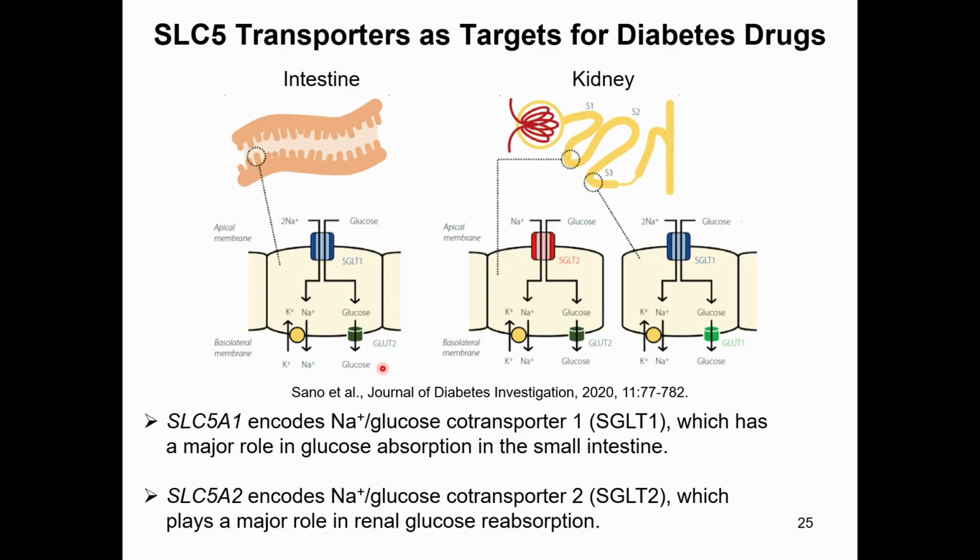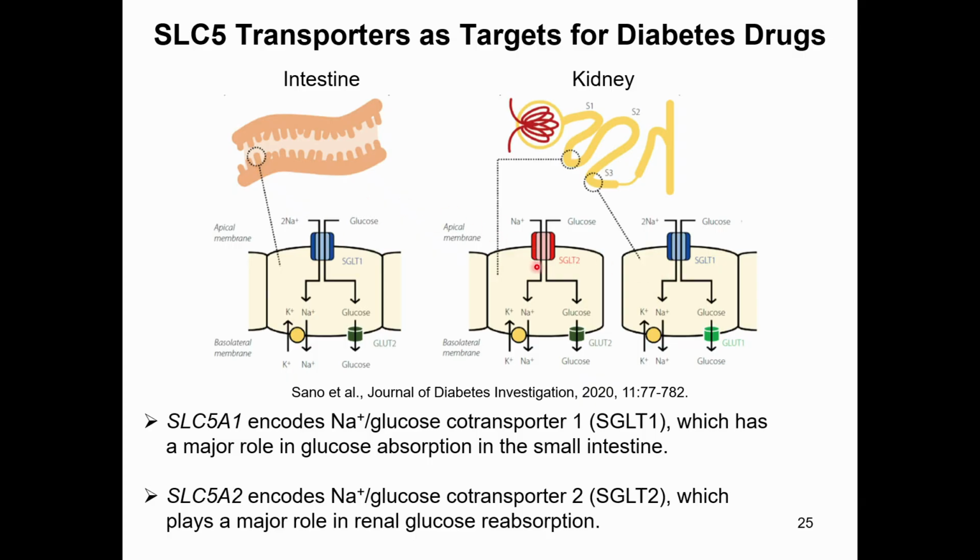SLC5A1 is a sodium and glucose co-transporter, so sodium gets involved to drive this. But at any rate, there are all these SLC transporters that work in the intestine.